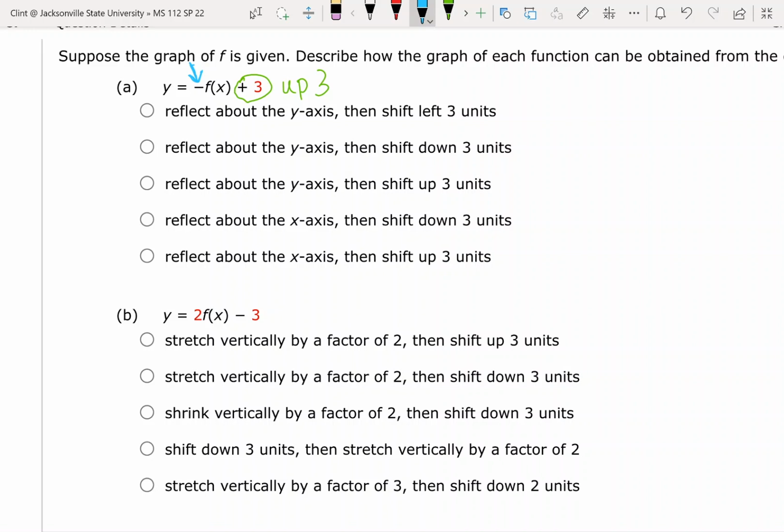So if you throw a minus sign out in front of the whole thing, it's going to take all the positive y values and make them negative. All the negatives will make them positive. So if we put a negative out in front of the whole thing, that's an x-axis reflection. And that changes top and bottom. Okay. So this one we've got an x-axis reflection and shifted up 3 units.